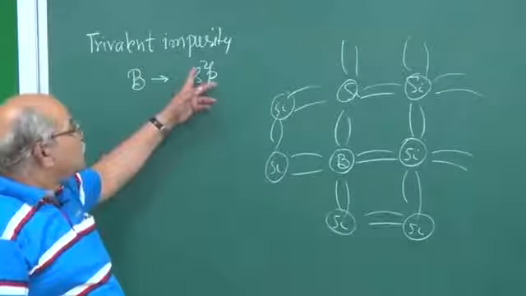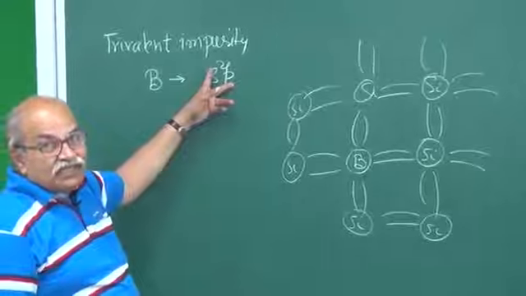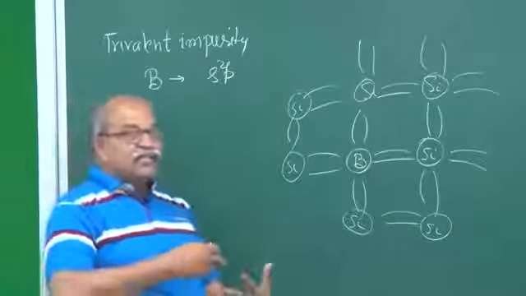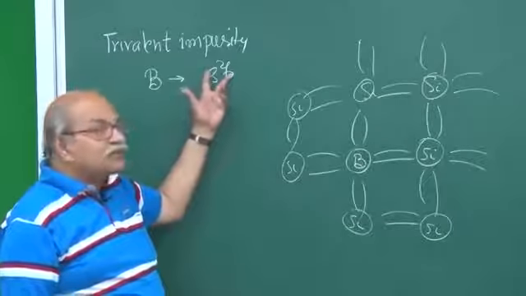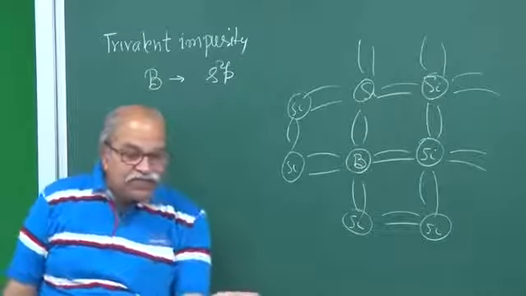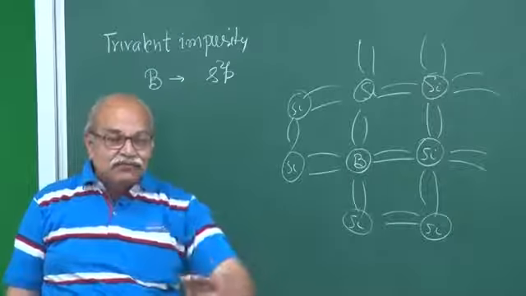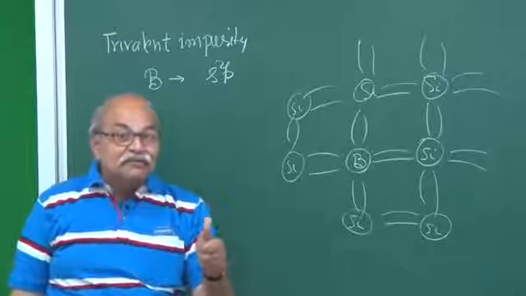Boron has only 3 outer electrons, s2p. So when it goes into that sp3, there are only 3 electrons that can fill those sp3 energy levels. So instead of 4, only 3 can be filled and 1 will remain empty.